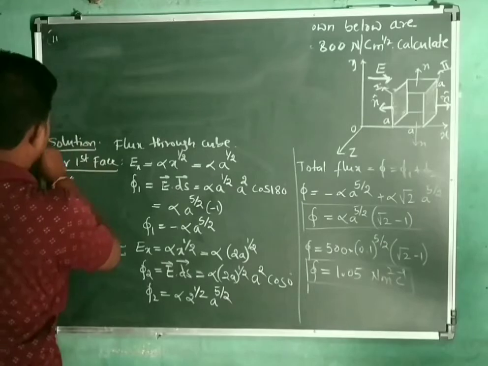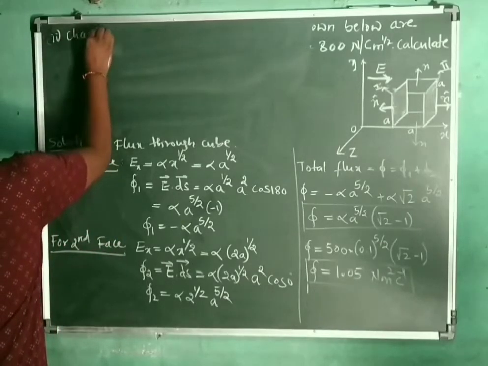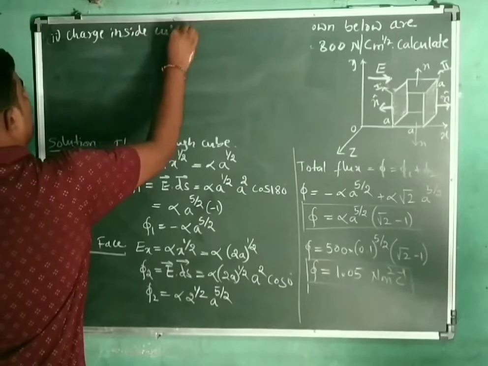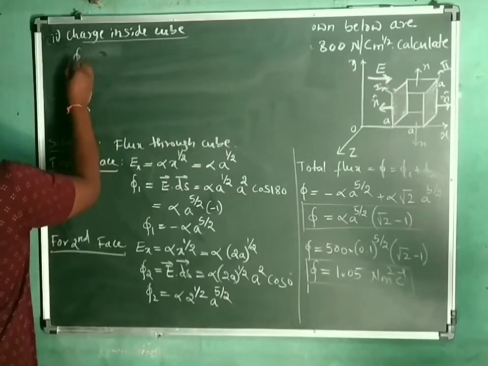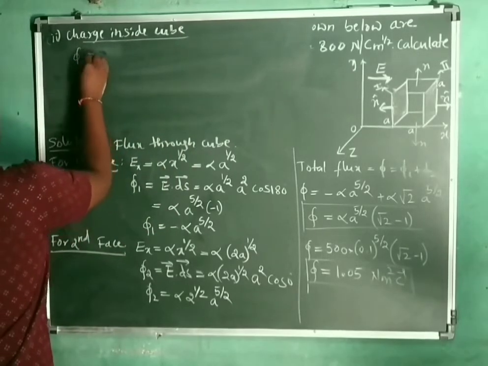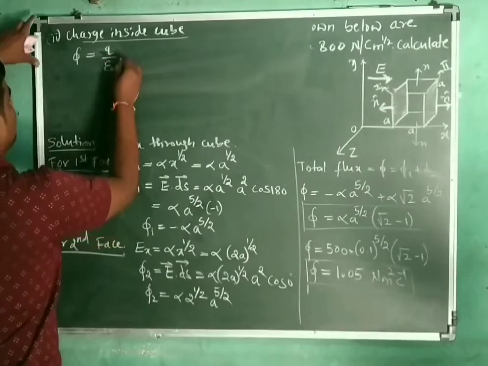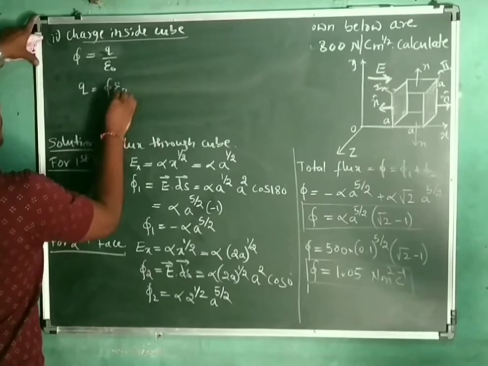That is the second calculation, charge inside the cube. For that we can make use of Gauss law, that is flux linked to a closed surface is equal to Q divided by epsilon naught, and Q is equal to phi into epsilon naught.